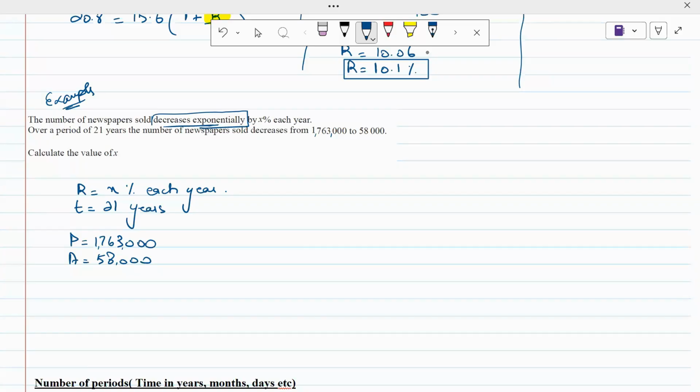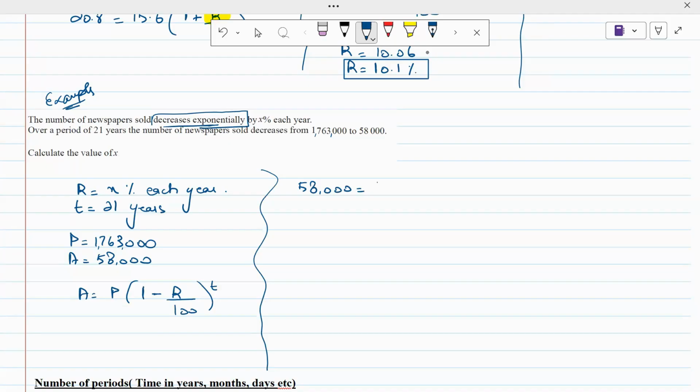So we start with the same formula, and that is A is equal to P. And this time it's a case of decrement, so make sure you're writing a negative sign here. R upon 100 whole power T. So A, the decreased value, is 58,000.